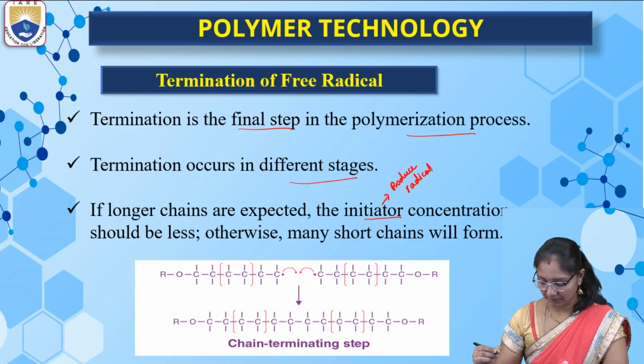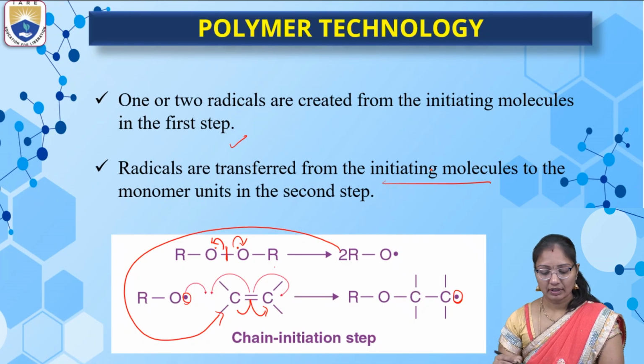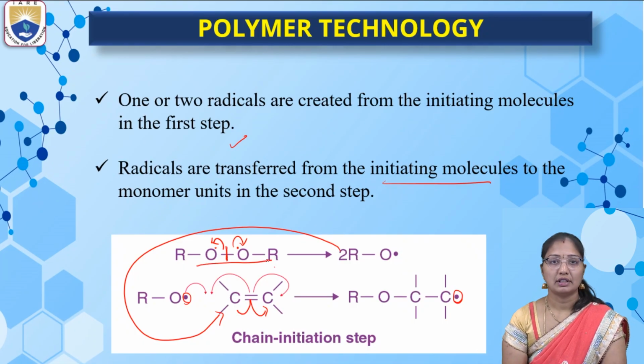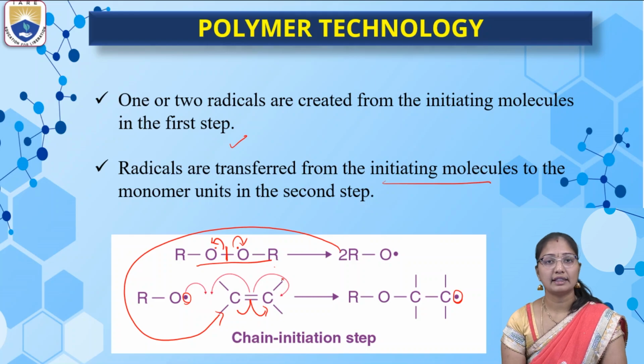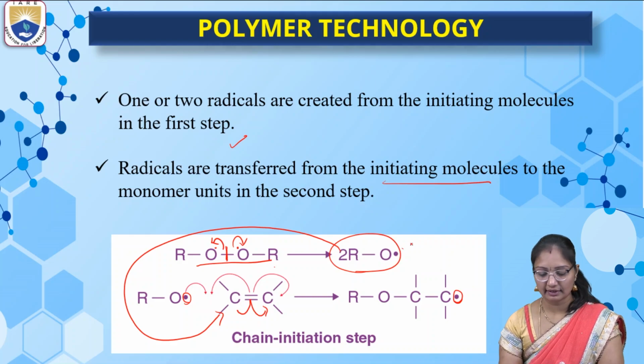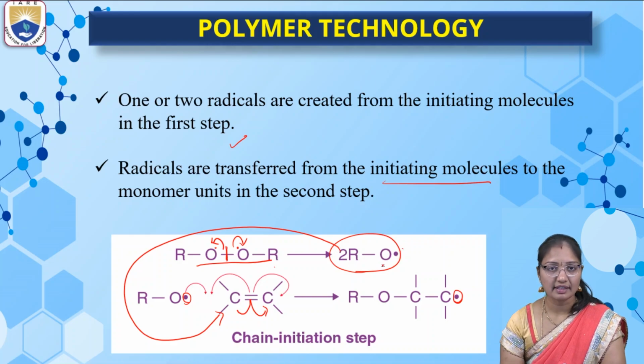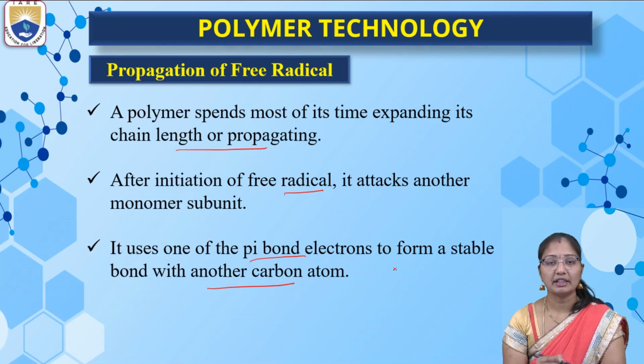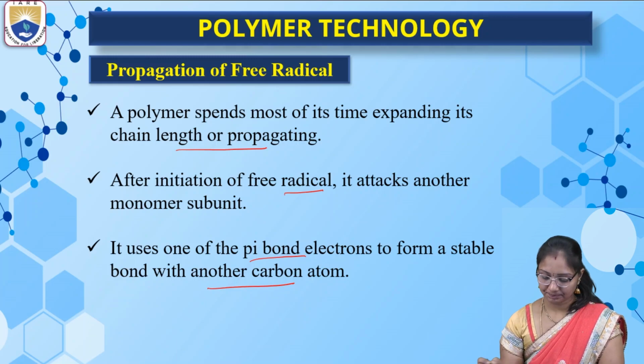In the first step, if we see here, this ROOR is the initiator. It is only used to produce the free radicals in the reaction. This starts the reaction. Then when it attacks the monomer, we get the free radical. This starts and propagates the chain growth of the polymer.